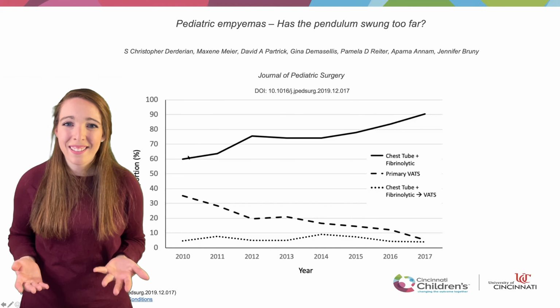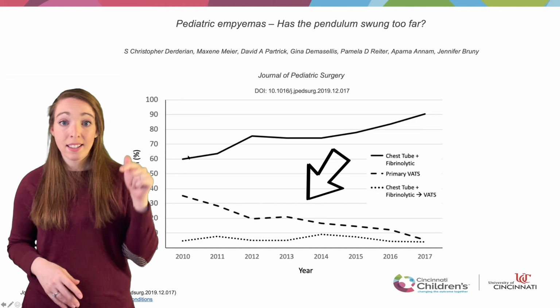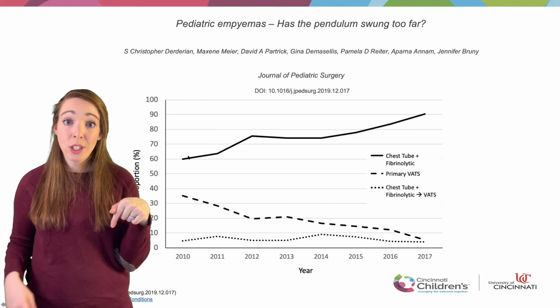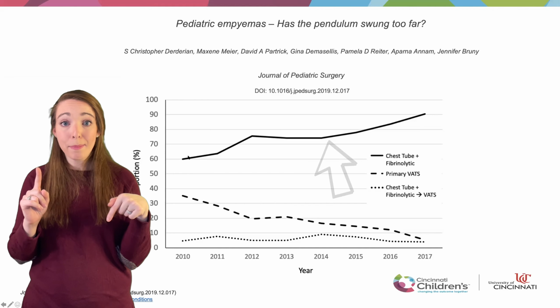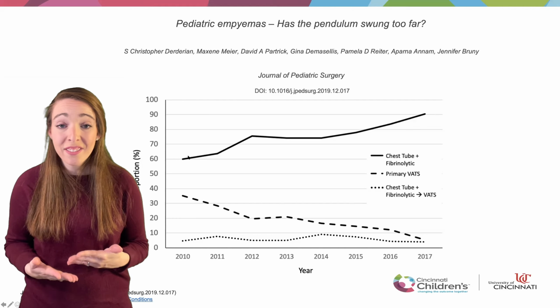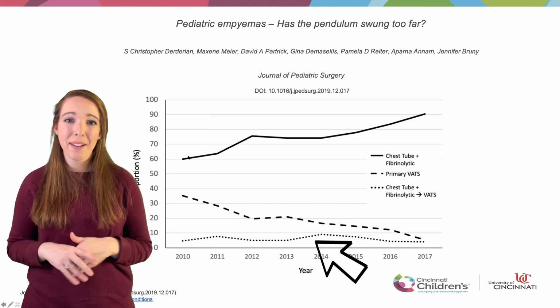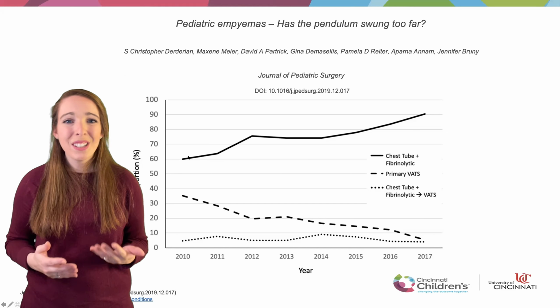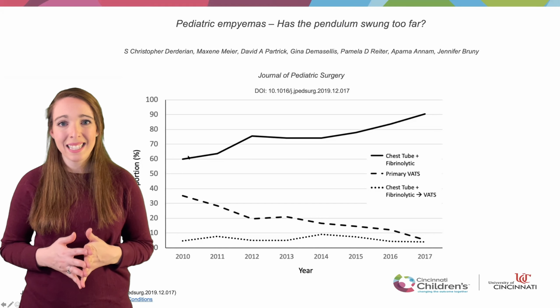The trends are pretty clear. The rate of primary VATS are going down, and the rate of chest tubes with TPA are going up. The rate of patients that fail chest tubes with TPA that then require a VATS, they're about the same, around 5%. But we don't have an algorithm to predict those cases successfully yet.